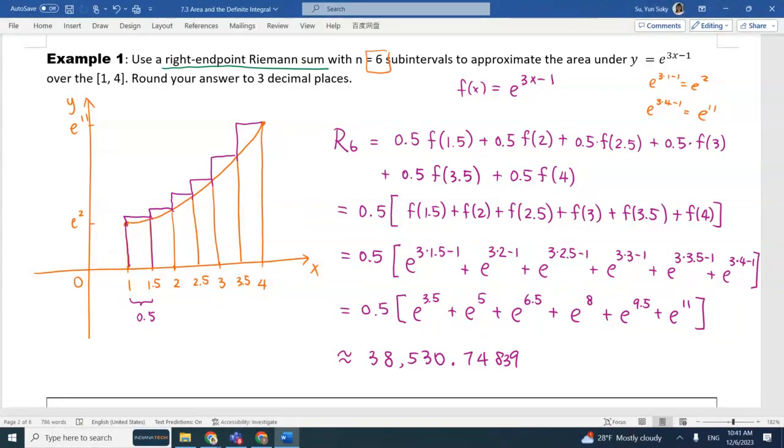Okay, thank you. So this is the answer, using the right Riemann sum. If the problem asks you to use the left Riemann sum, then you use the left endpoint, f of 1, and for all the rectangles use the left endpoint instead of the right. Any questions about this problem?